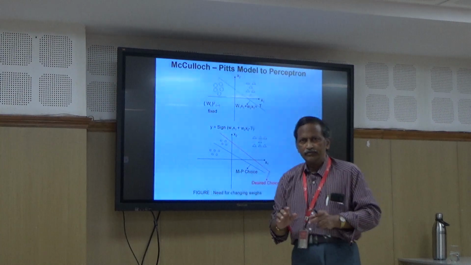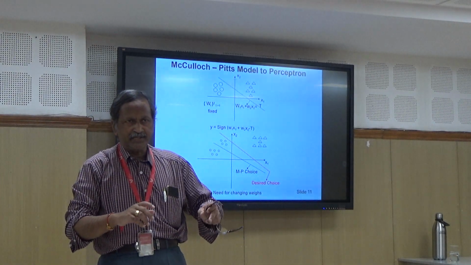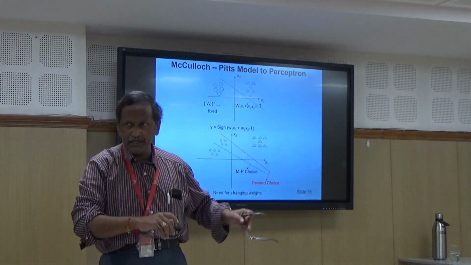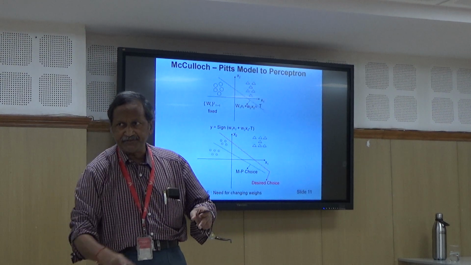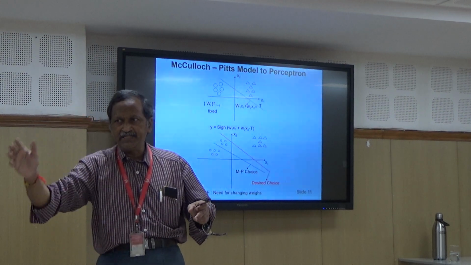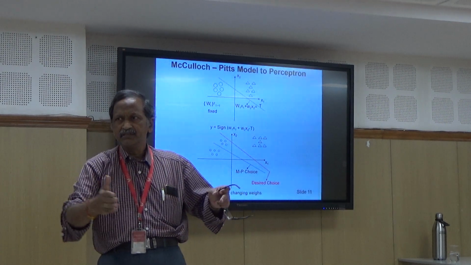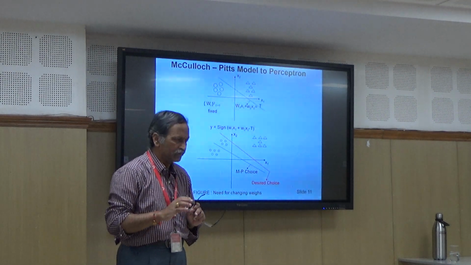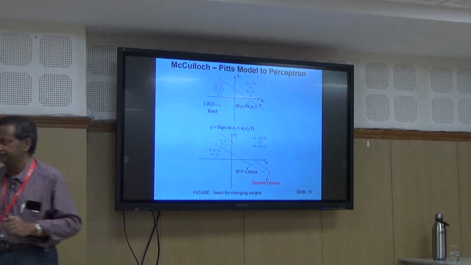The main question is, we want a training procedure, a learning law, which in finitely many repeated trials classifies all the patterns correctly. That is, we want 100% accuracy. We will come back to that requirement in a little while.